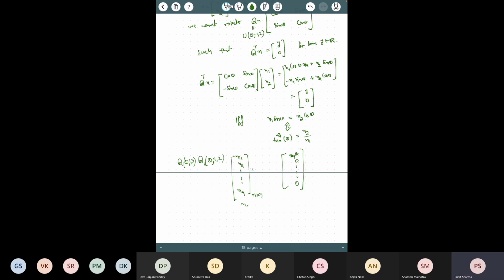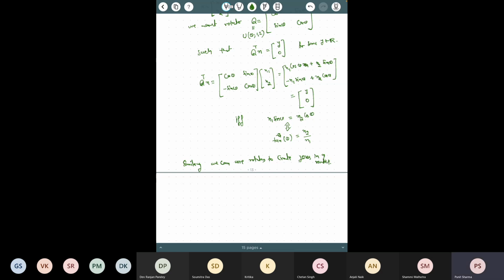This is for a vector, but similarly you can use rotators to create zeros in a matrix.